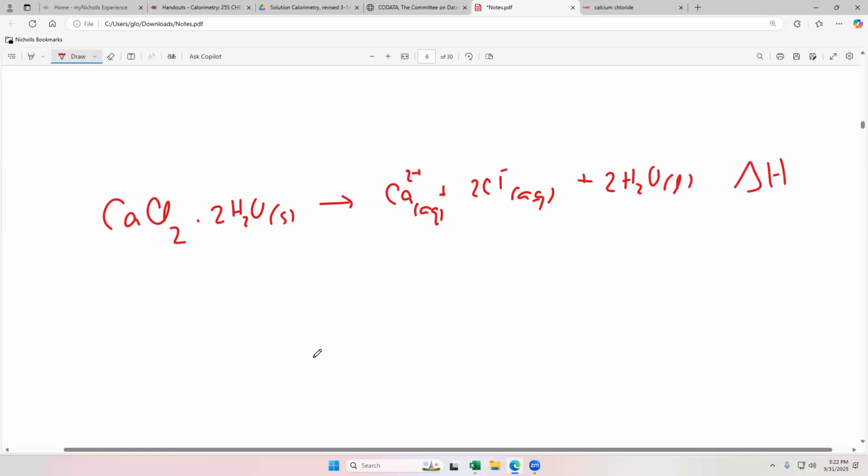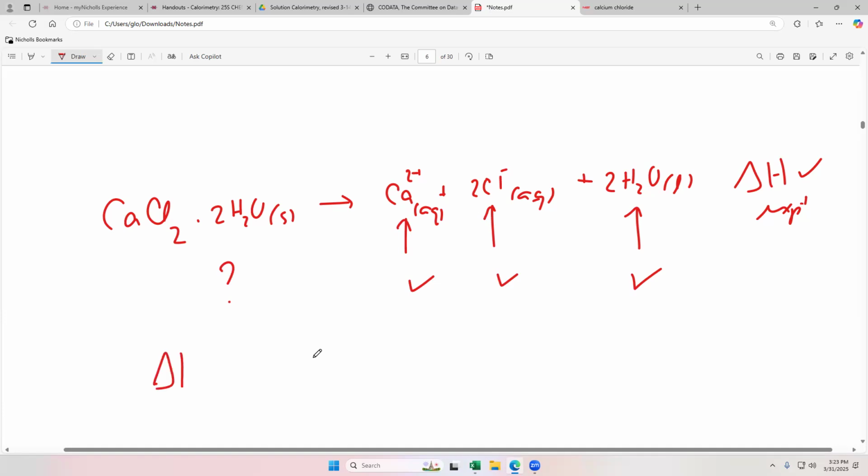We know the delta H for this from experiment, correct? That's what we did in the lab. You dissolve your hydrate in water. Do you know the delta H formation of water? We can look that up. Chloride, we look that up. Calcium, we look that up. So we just need to know what this is, right?